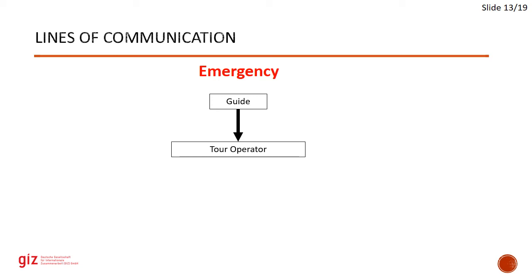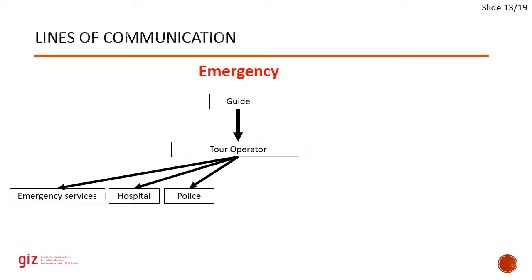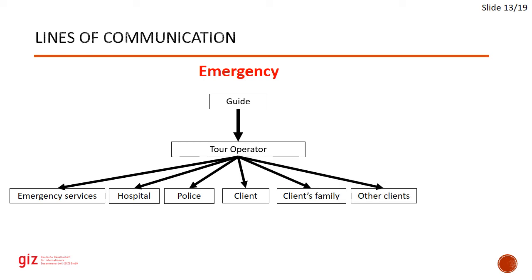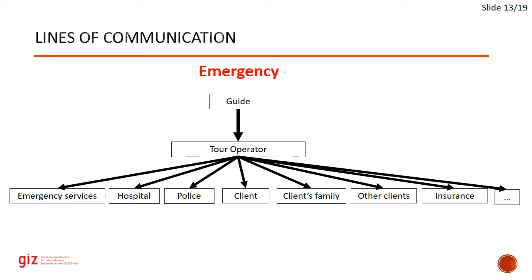Where relevant, he or she will have to contact the emergency services, the hospital, the police, the client who was directly affected by the accident, the family of this client, the other clients that weren't directly affected by the accident, insurance companies, media, legal counsel, etc.